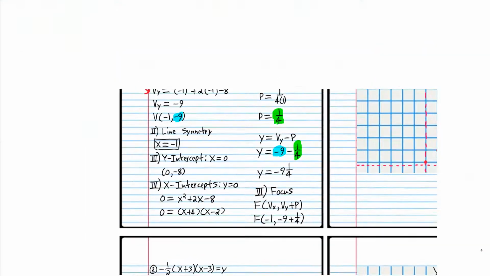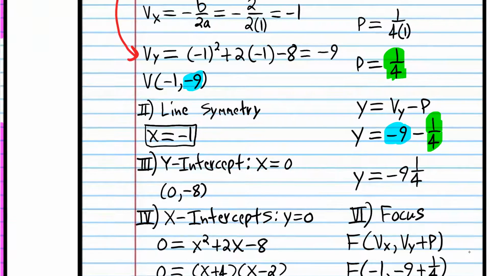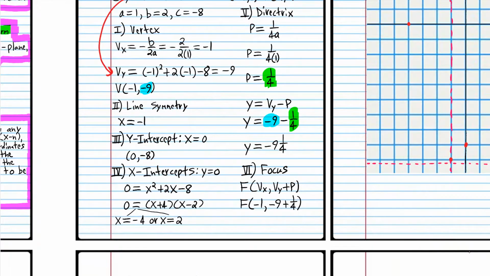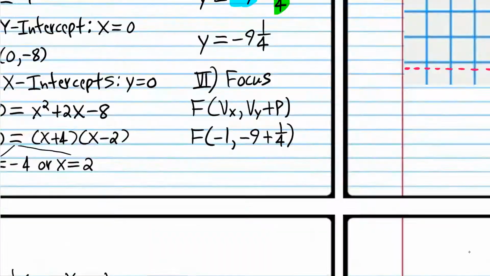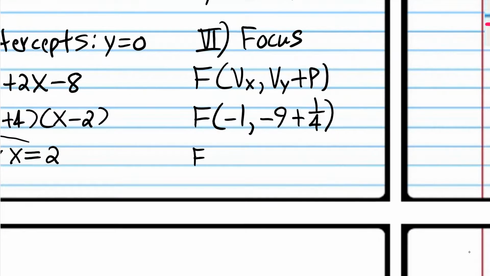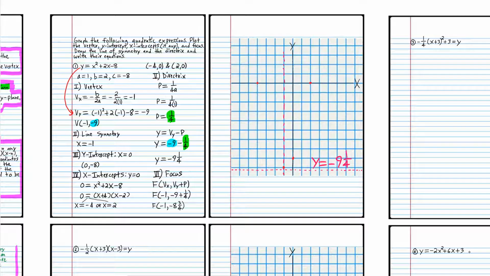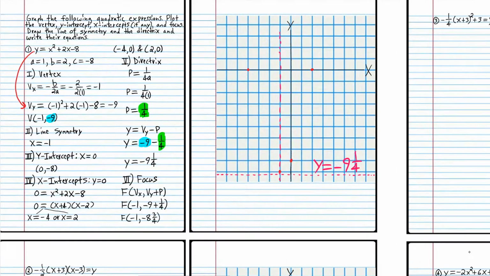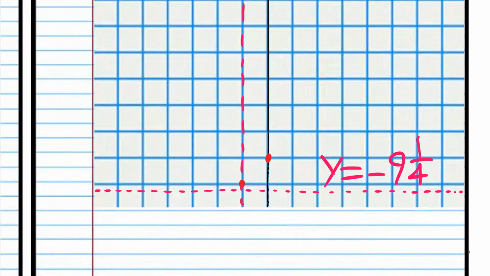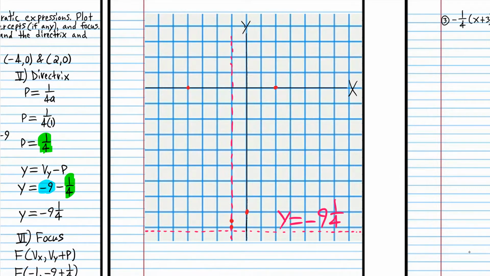And let me make some more room here. And also, we don't need the line of symmetry, or the equation of the line of symmetry. So now the focus is going to be -1 and -8 and 3/4. Let's graph the focus, -1 and -8 and 3/4. That's going to be about here. So let's go ahead and draw the graph.